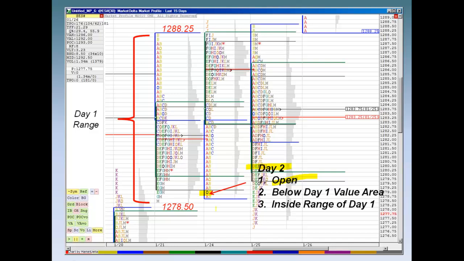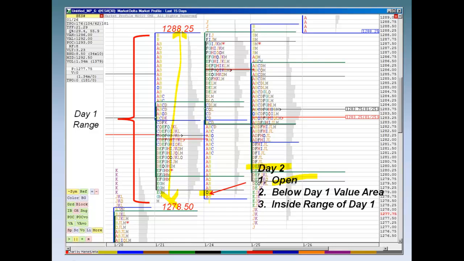And the answer to that question is, of course, we're opening inside the range of the prior day. As a matter of fact, I still have the range on the chart here, and it's very easy for us to see that we did in fact open inside that range. However, we are on the low end of that range.